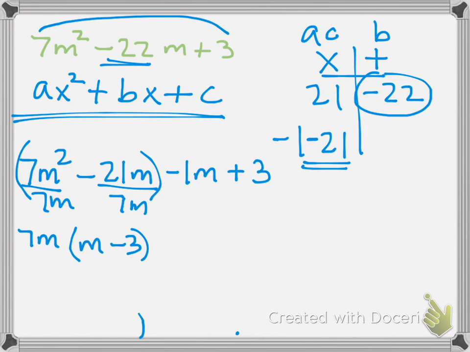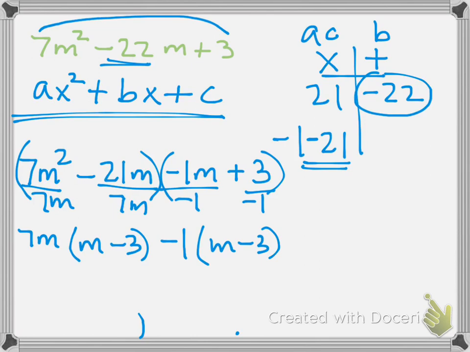So I'm going to take a negative 1 out of here. So take a negative 1 out. You're left with m minus 3. Here's how you write your final answer. M minus 3, 7m minus 1. Final answer.